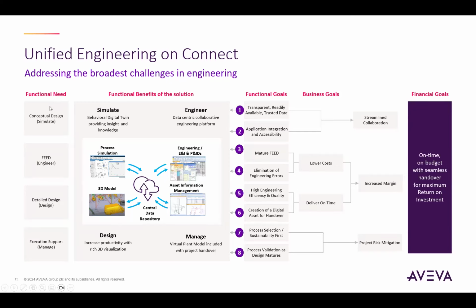What I mean is the functional needs, along with the functional benefit of the solution regarding the simulation, the engineering, the design, the managing around one central data repository, allows us to ensure a fully integrated offering to ensure the business and the functional goals are met, and that will make our financial goals also met, which is executing projects on time, on budget, with seamless handover for the maximum return on the investment for this type of solution.